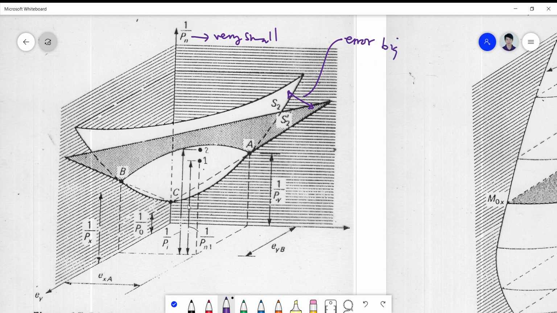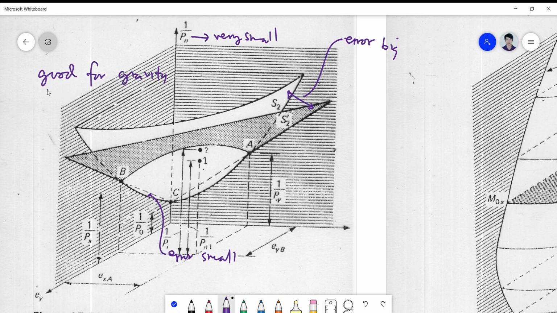So the limitation of such an equation is that it should be used with a Pn which is not so small. When Pn is big, your 1 over Pn will only have a very small error here. Meaning to say, this Bresler equation is only good for, shall I say, gravity loadings for columns.